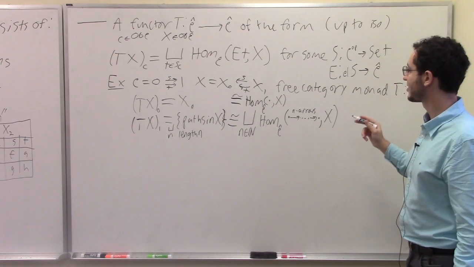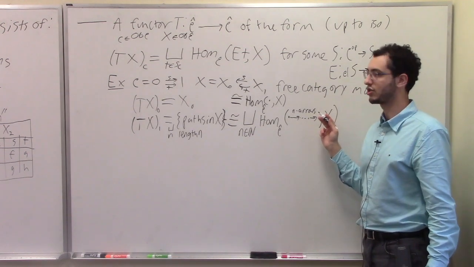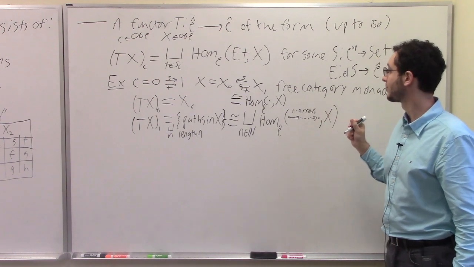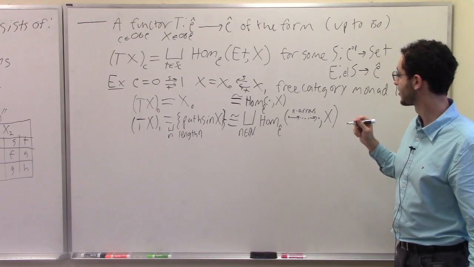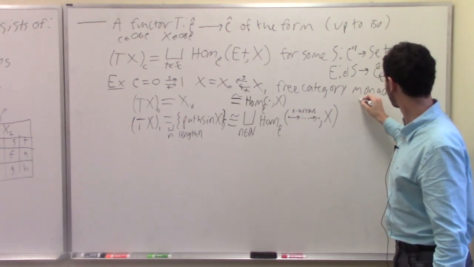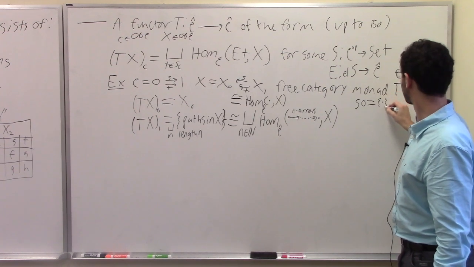And so these describe the composition operations we have in a category. So in this case, here we have that S0 is just the point.